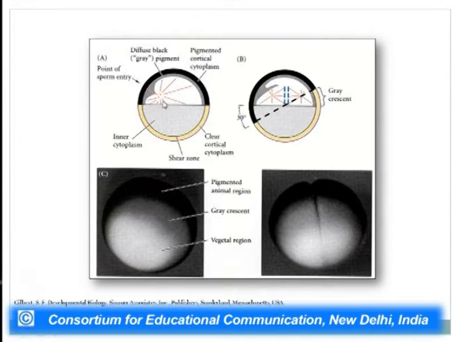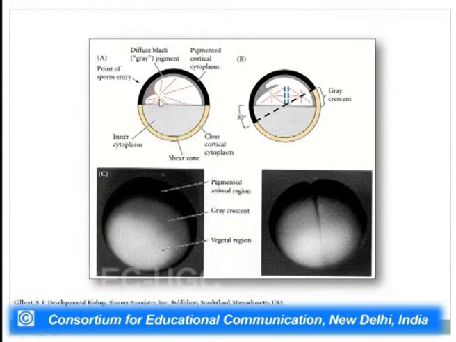The figure clearly reveals that this is the egg, and you can see this is the peripheral cytoplasm and this is the inner cytoplasm. If this is the point of entry, then the cortical cytoplasm with respect to the inner cytoplasm will rotate around 30 degrees, and during this rotation it will expose the grey crescent area on the side opposite to where the sperm entered.